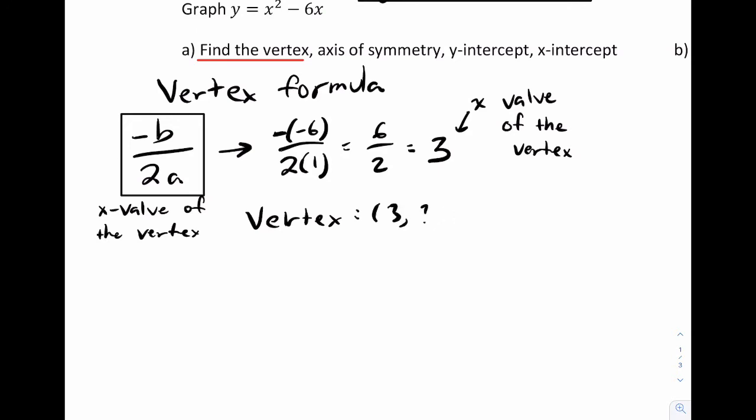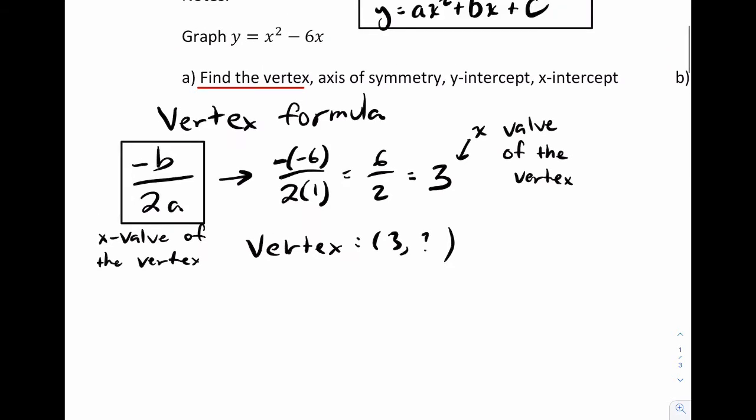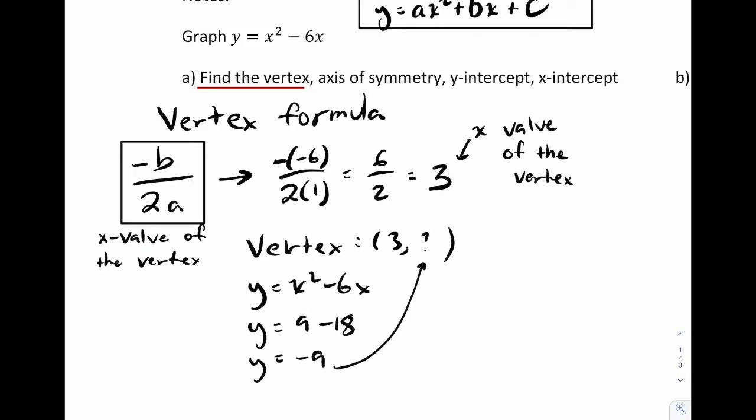So just think, how do you find the y part of any equation if you have the first part, the x? Well, simply plug in 3. So quickly plug in 3 into y equals x squared minus 6x. So y should equal 9 minus 18. y is negative 9. There you go. Plug that in, and there's your vertex.